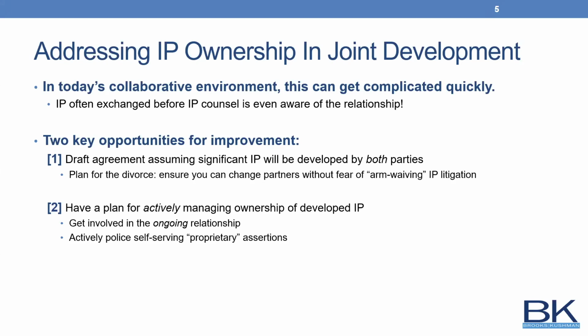But you want to prepare for the divorce, that when this relationship is over, imagine you want to procure substitute goods or substitute services from a substitute supplier, not infringing on anybody's intellectual property, but you want full freedom to shift gears and go in a different direction. You need to think about that when you draft the original agreement.